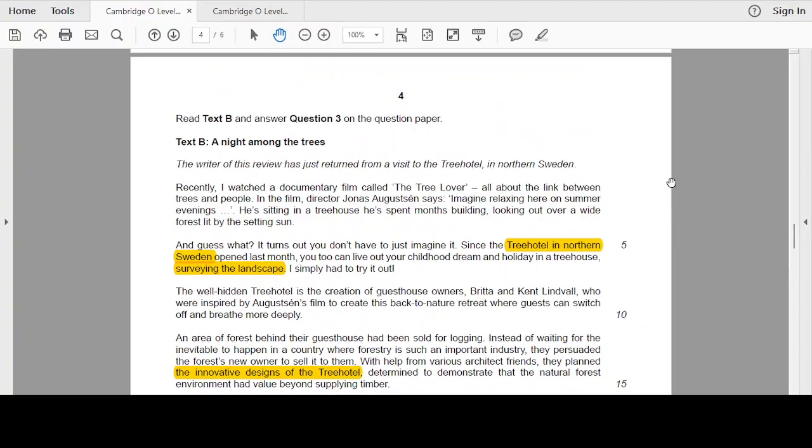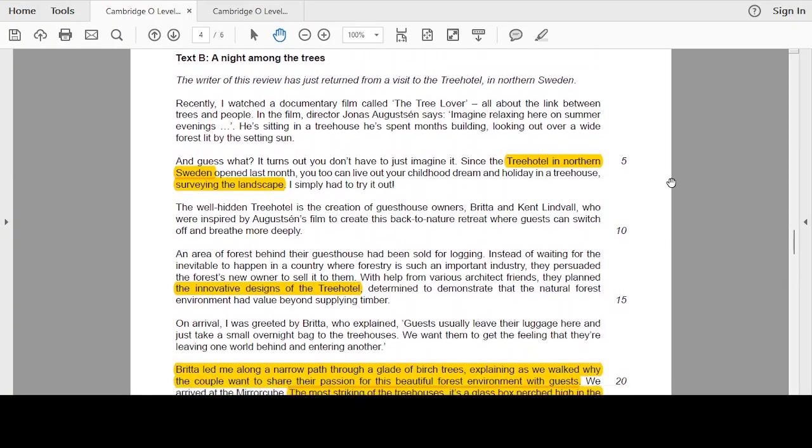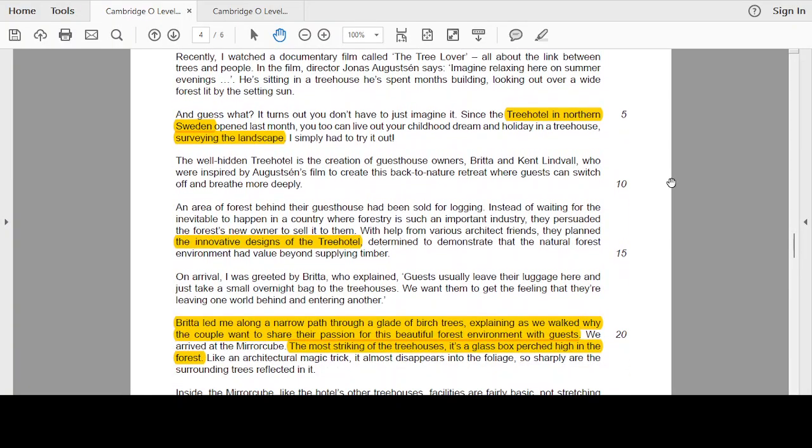Okay, now let's take a look at the points. Again, what would appeal most to guests coming to the tree hotel? So the very first point we have, not first that was highlighted, but first in order. A tree hotel in northern Sweden. Now I would ask what is appealing about this? The fact that it is in northern Sweden itself is a point of appeal.